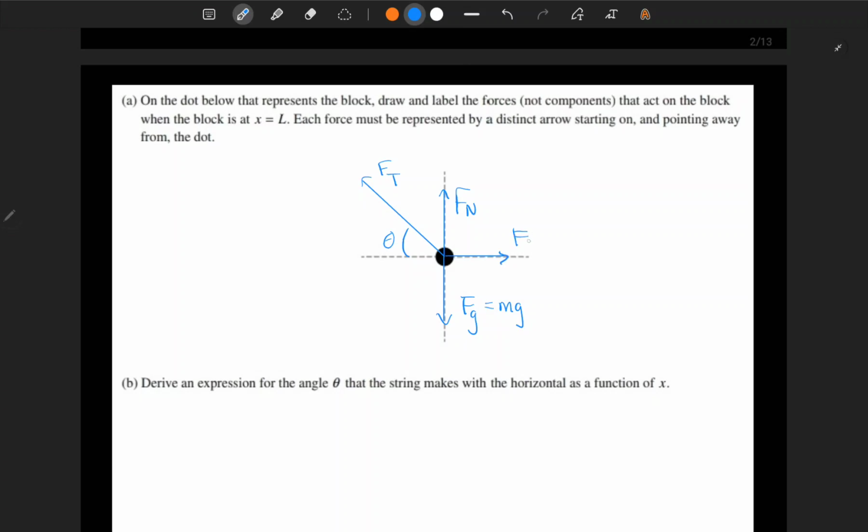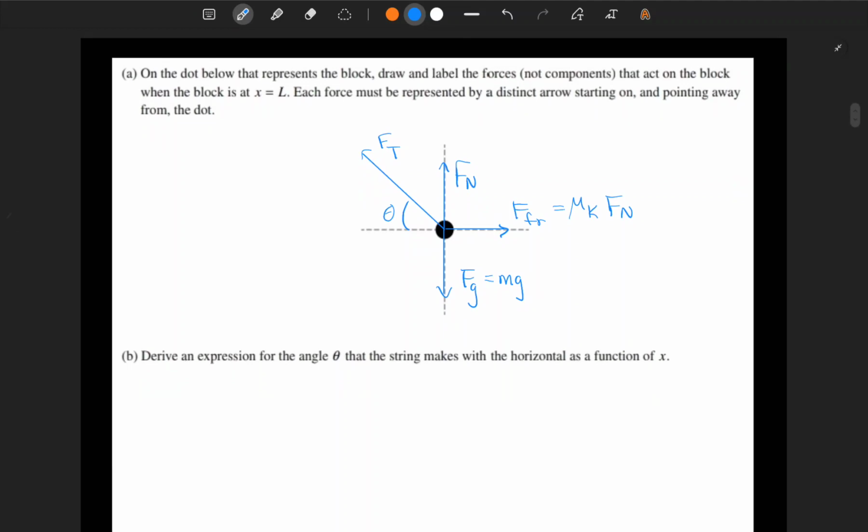I will label that F sub Fr, the force of friction. And this is given by mu k times the normal force. So these are all of the forces acting on the block.